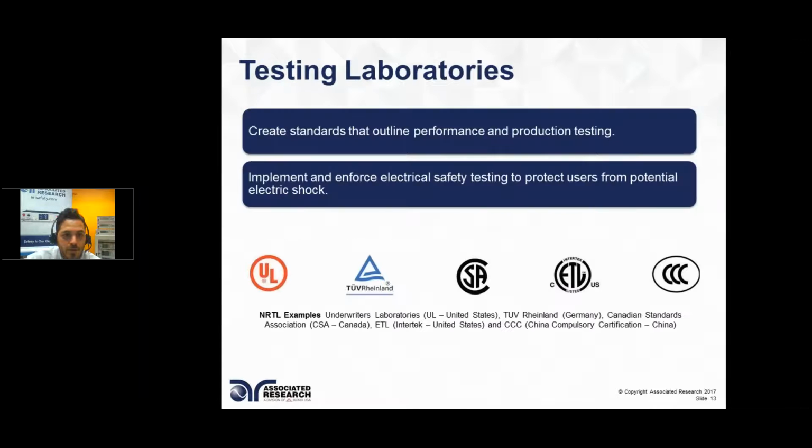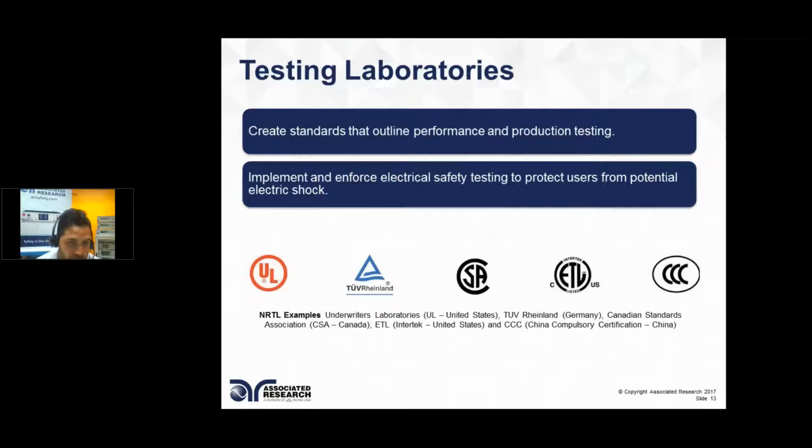So let's talk about the testing laboratories. These are obviously the most common: Underwriters Laboratories, TUV, the Canadian Standards Association, ETL, which is a growing testing laboratory, and then we have the China Compulsory Certification.